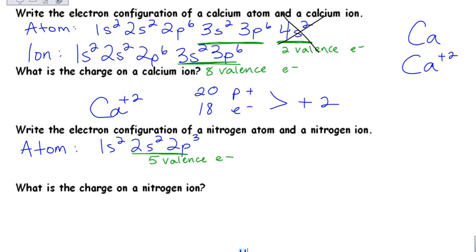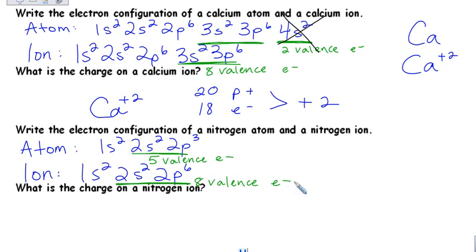So as an ion then, if I gain 3 electrons, I'll be 1s2, 2s2, 2p6. So then here are my valence electrons, and now I have 8. 8 valence electrons. We filled that last p orbital.